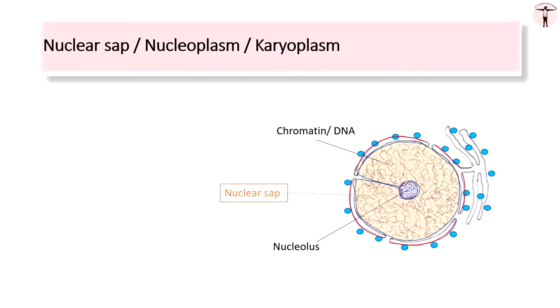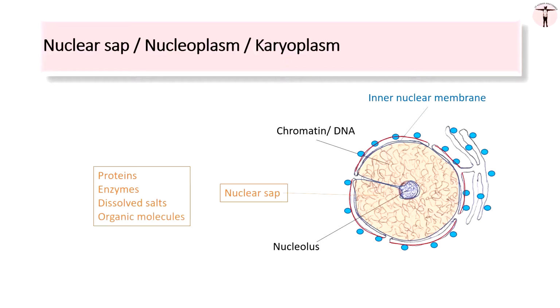It fills up the interspaces between the chromatin threads and the nuclear membrane. It is a fluid containing proteins, enzymes, dissolved salts and several organic molecules. It serves as a medium for the transport of ribosomal RNA and messenger RNA to the nuclear pores.